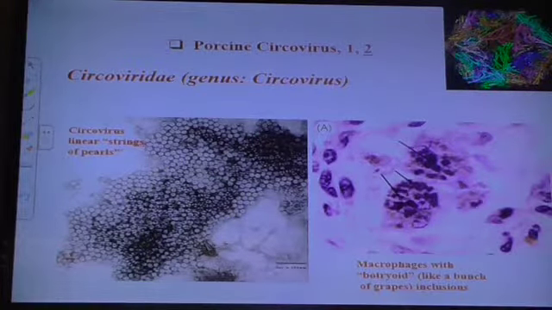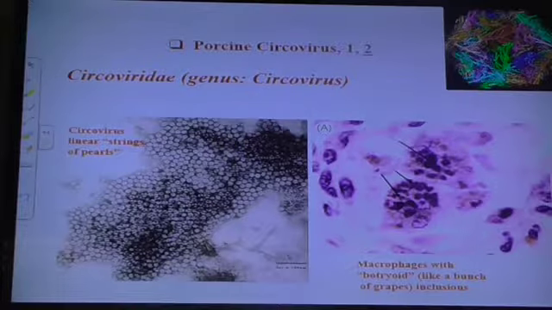One characteristic of porcine circoviruses is that under electron microscopy, they show up like strings of pearls. So basically, they're aggregated viruses in the form of strings. That's very characteristic of circoviruses. So under EM, immediately you say, well, this is a circovirus. No other viruses can do the same.